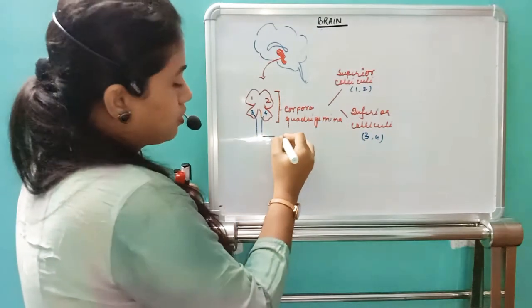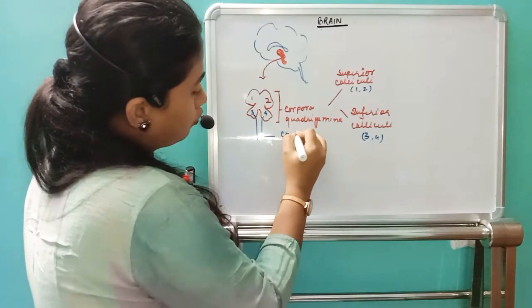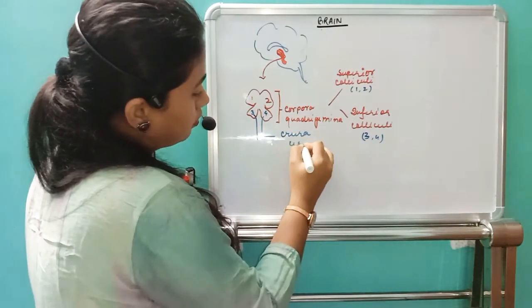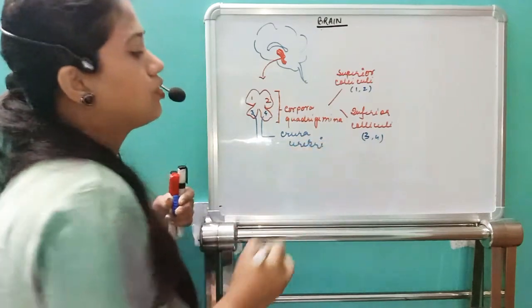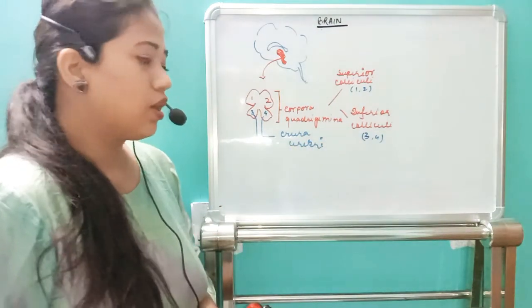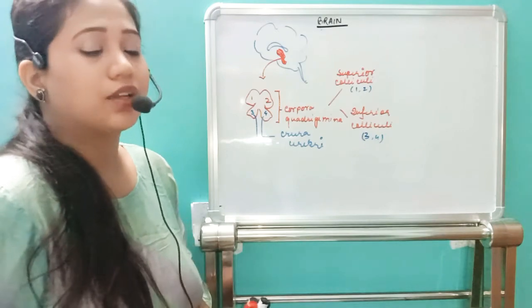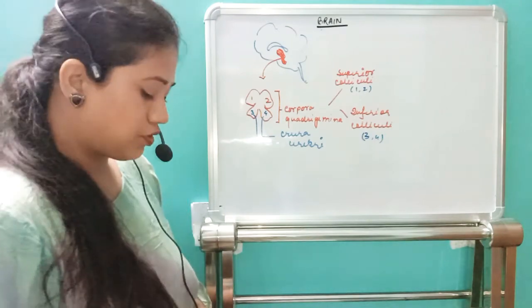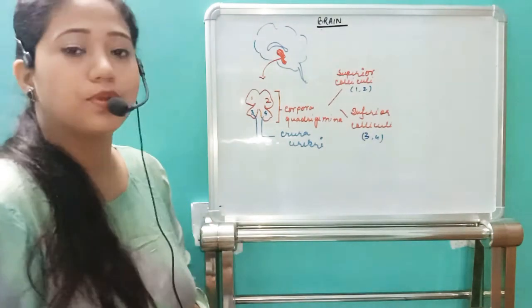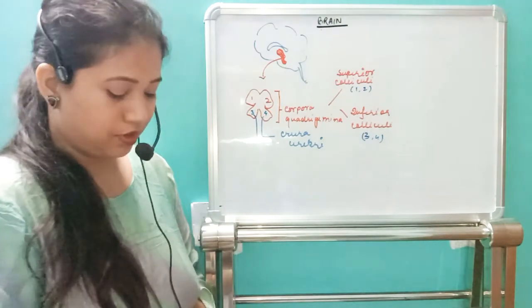Below these are the crura cerebri, which are actually tracts. First of all we'll see the function of the superior colliculi and the inferior colliculi.